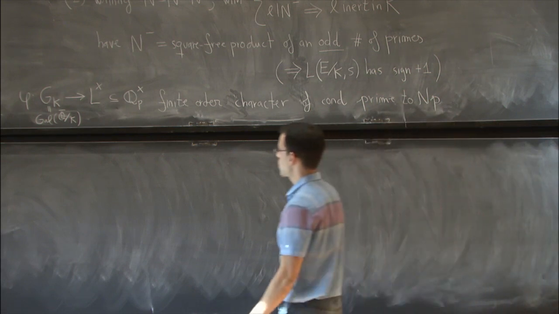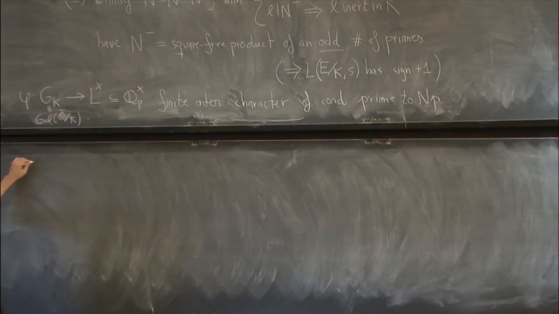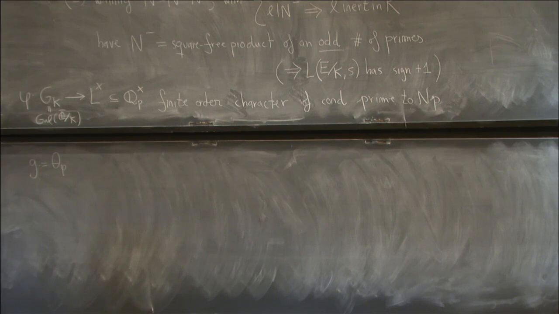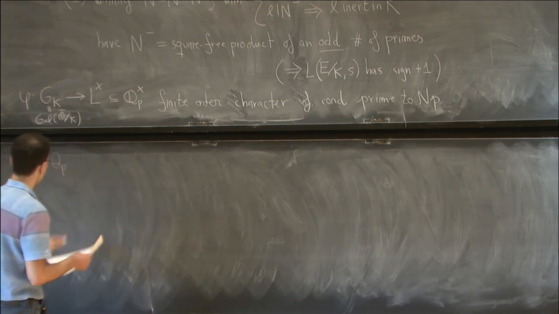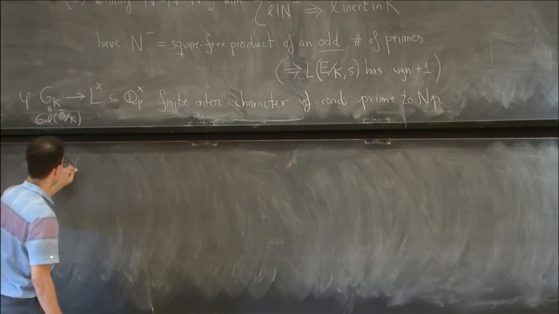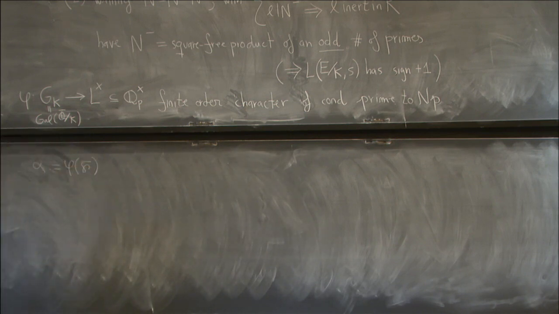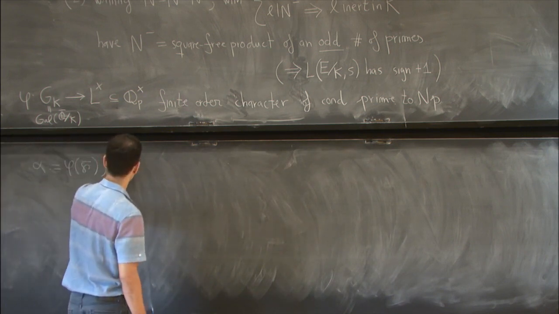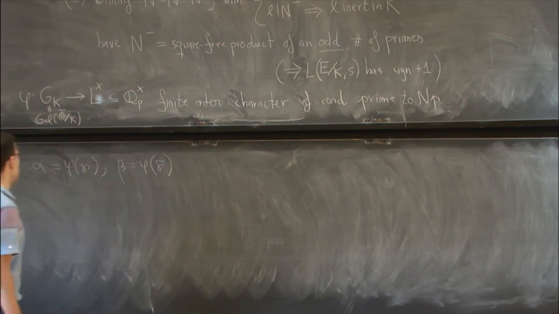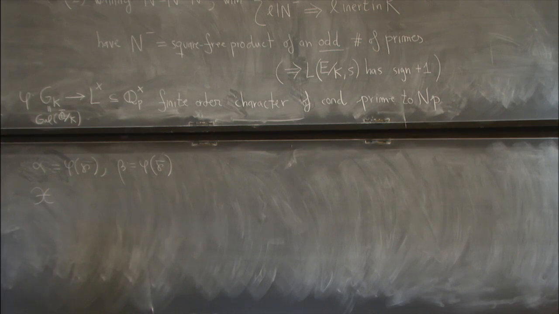Now I'm going to consider two weight 1 forms. I'll let g be the theta series attached to phi. First of all, let me denote by alpha phi of p and by beta phi of p bar. And I'll denote by calligraphic X the following set of height 1 primes.